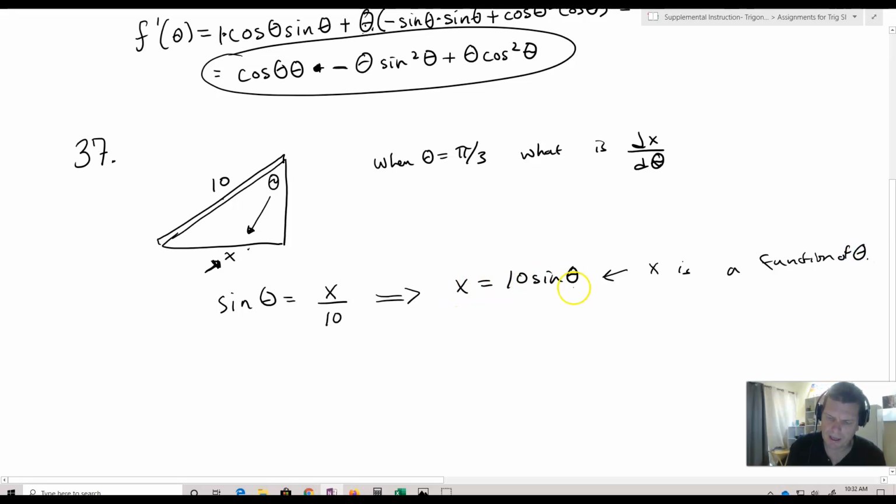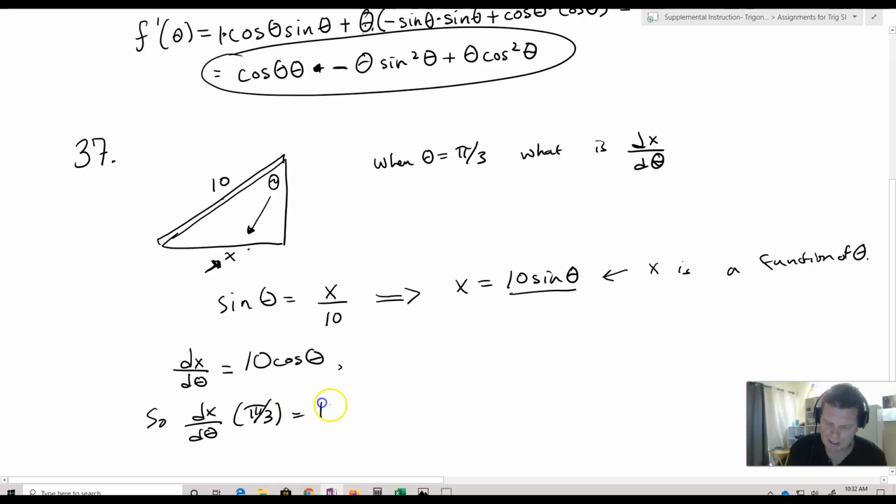So consequently, we get dx d theta is going to be the derivative of 10 sine theta. So dx d theta is going to equal 10 cosine theta. Great. Then we're going to determine dx d theta at pi over 3. That's going to equal 10 cosine pi over 3.